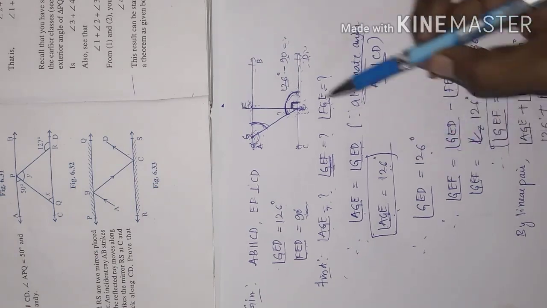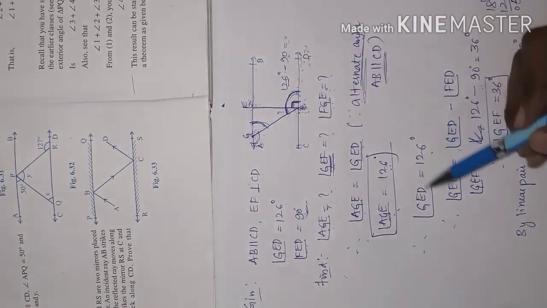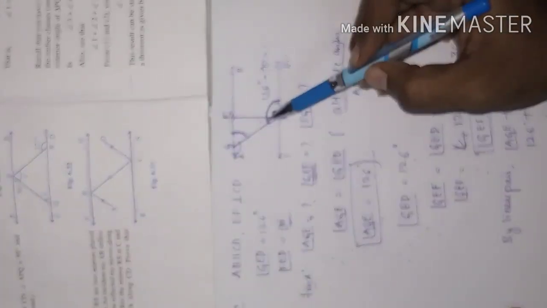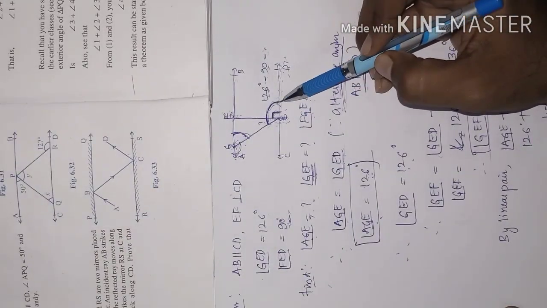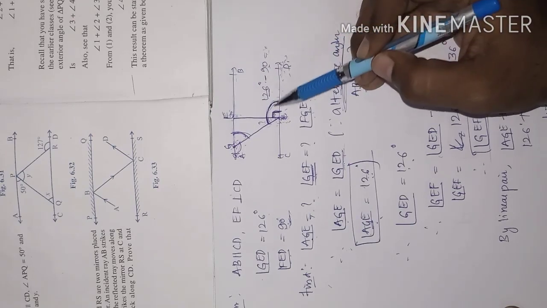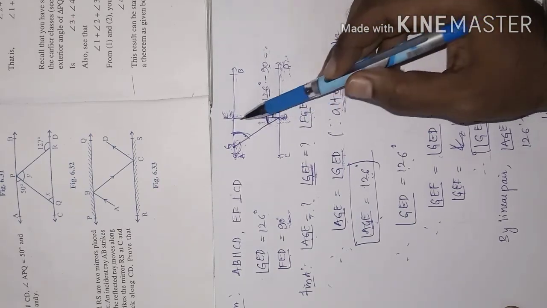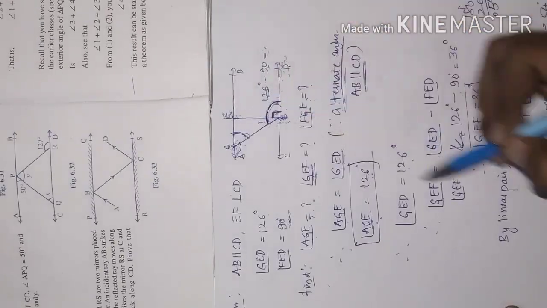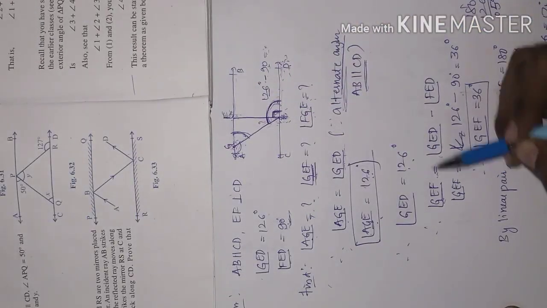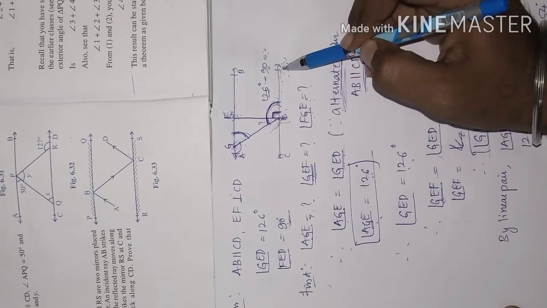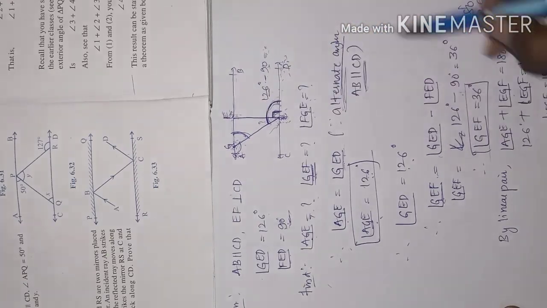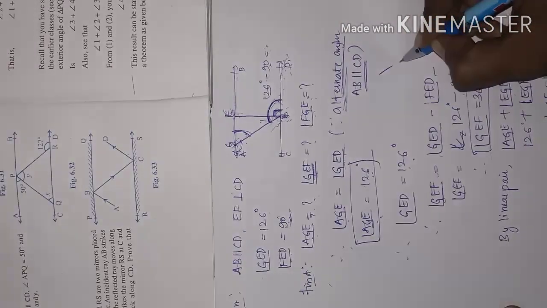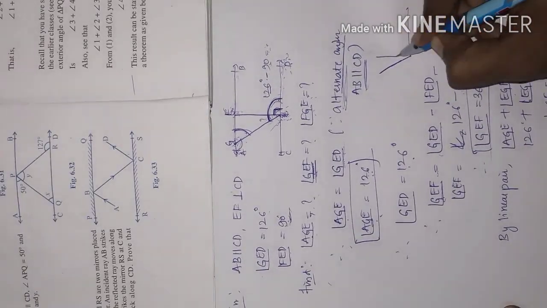And next I want GEF. As we know GED is equal to 126. Now this whole GED minus FED, when I do it I will get GEF. So because of that I considered angle GEF. GEF consists of GED minus FED. I will show you in one more diagram.